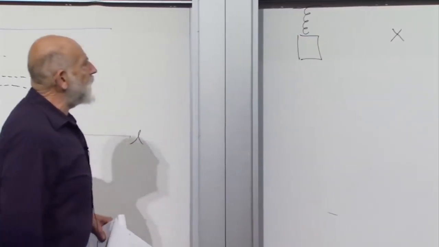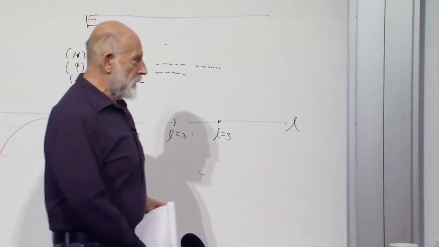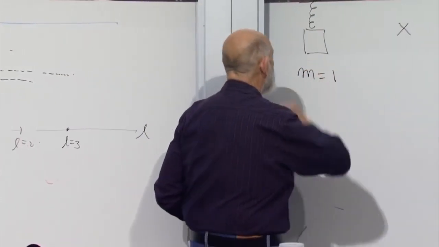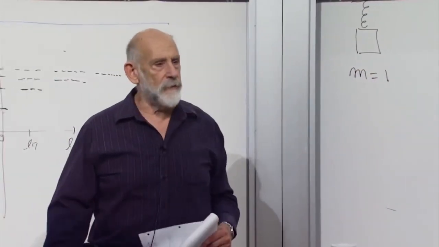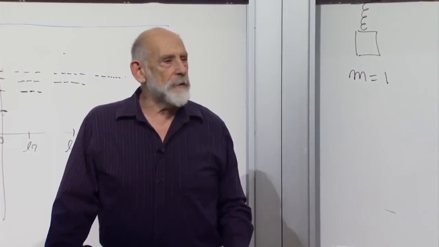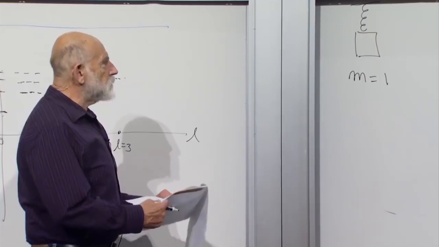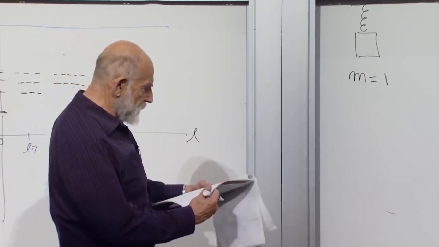I'm going to take the mass of the weight to be 1. Now we can redo it for other masses. It's a little exercise to do it, but there's nothing new. Nothing new happens.